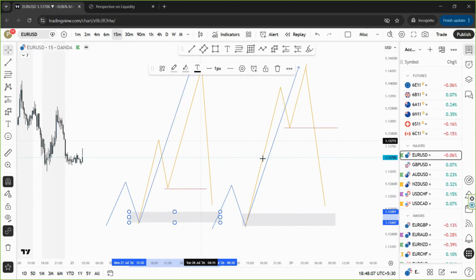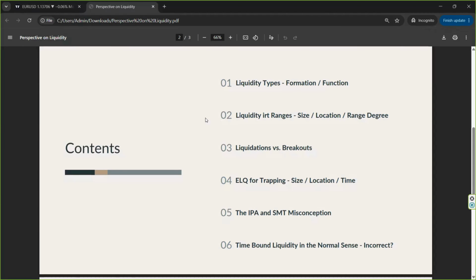When we consider these two examples, we can make an assumption that because this is closer to the point of interest, and we can consider size and location as well, this might act more as liquidity versus this, because now this is much further and this could actually be an impulse. This is why we use these three factors to identify whether a liquidity is actually valid to a range or not. And the logic behind this is actually this on how we identify liquidations versus breakouts.